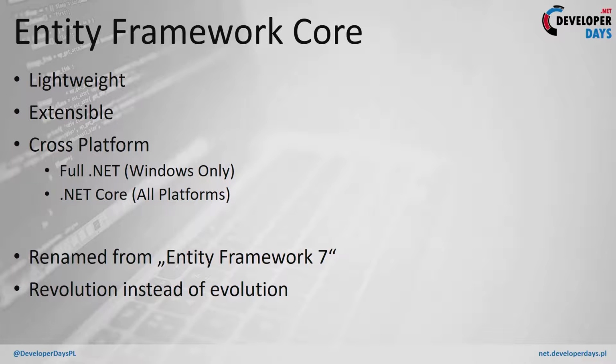It's not complete, but it's a significant rewrite of most of the code base of Entity Framework. So they chose another name, and it's starting at version 1, because it's similar, but it's not the same. It's not incrementally adding features. It's a rewrite. Something's missing, something is new in comparison to Entity Framework 6.